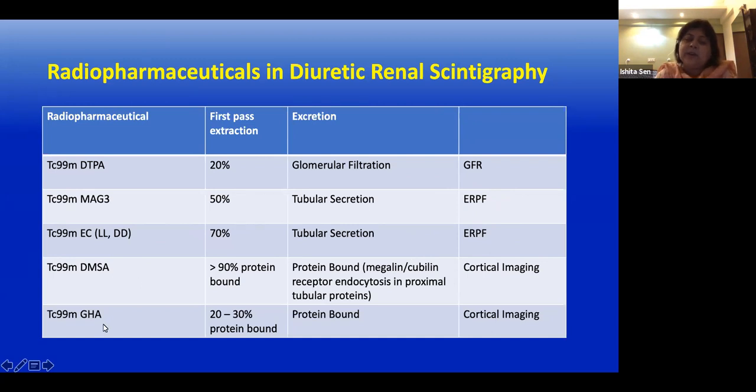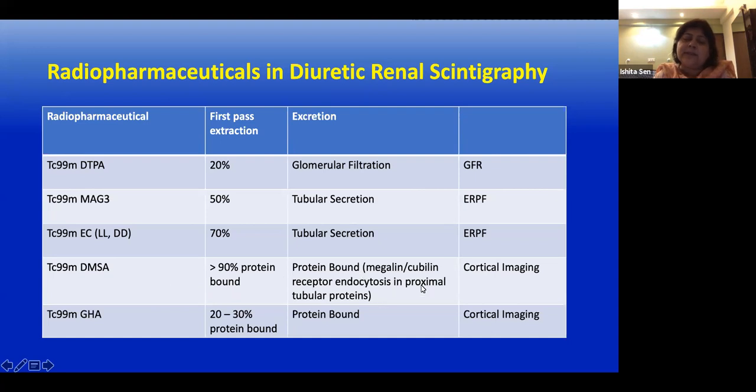Then you have the cortical agents, which look at the cortical structure and the morphology, mainly used for looking at cortical scars. There are two agents, DMSA and GHA. These agents are very strongly protein bound, so they get attached to the cortical proteins.